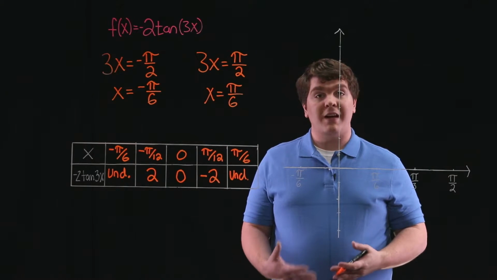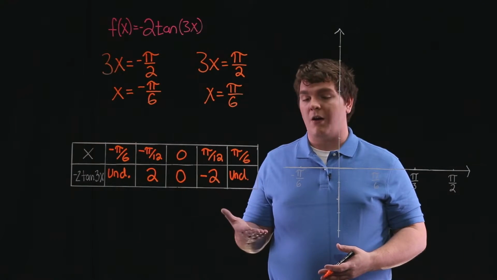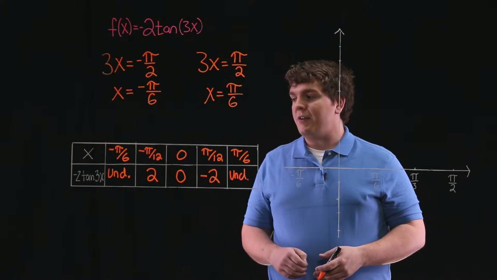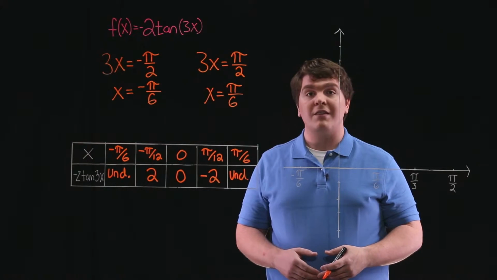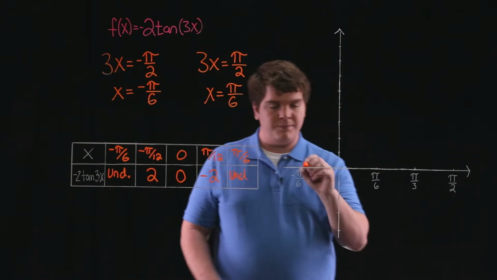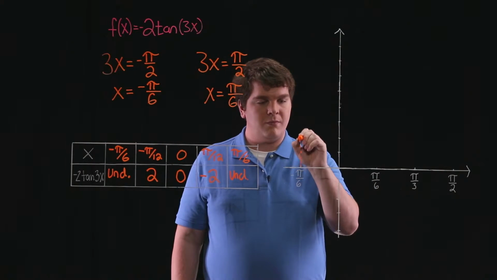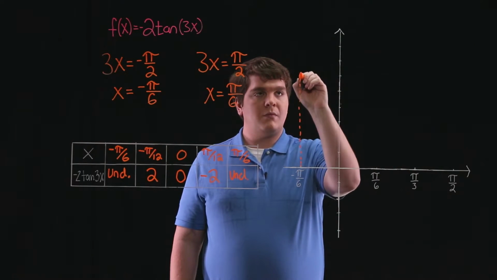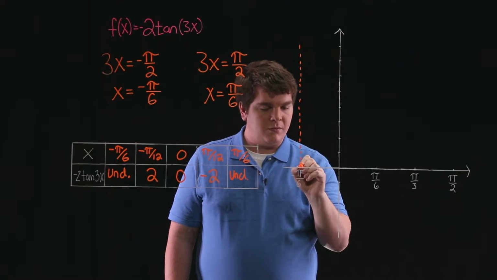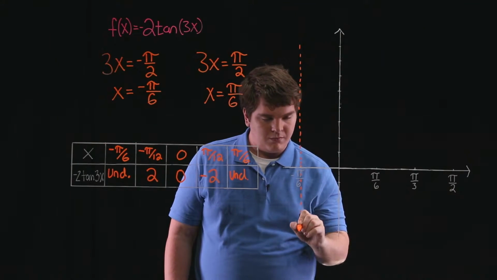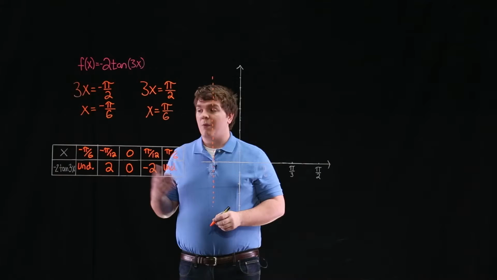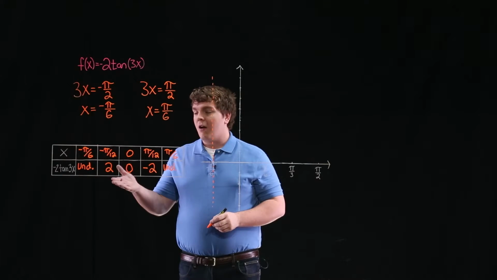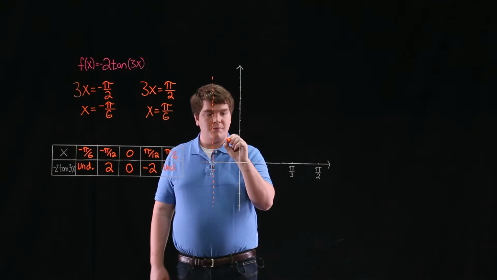Now we have several points and asymptotes that we can plot on our graph. So when x was equal to -pi/6, we had a vertical asymptote. Next, when x was equal to -pi/12, our function value was 2.